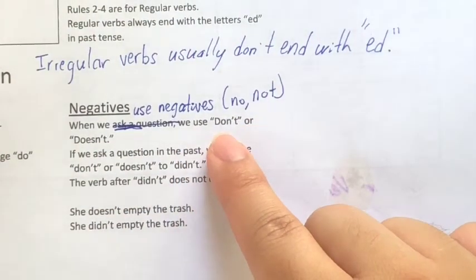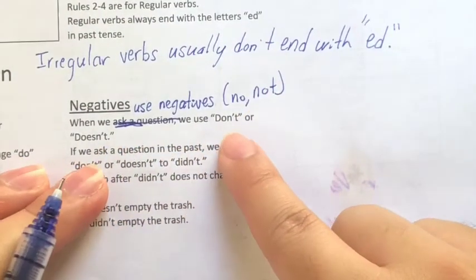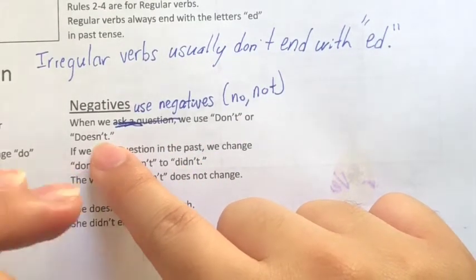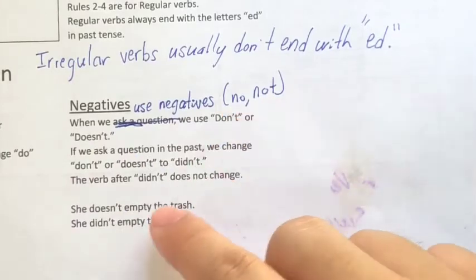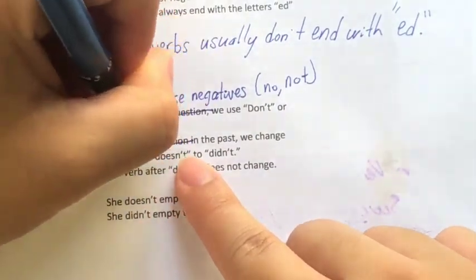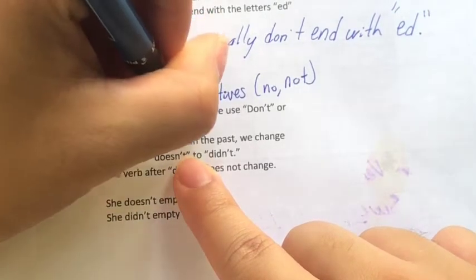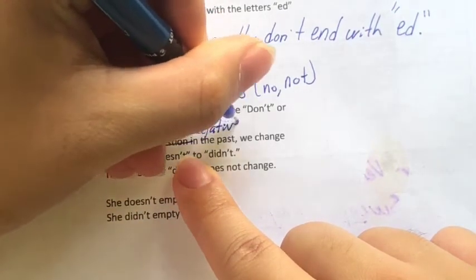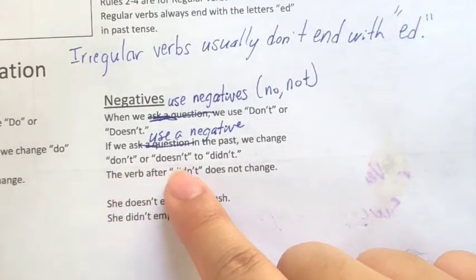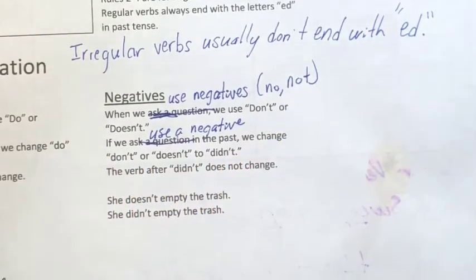We use don't or doesn't. So don't is do not, and doesn't is does not. These are negatives. If we use a negative in the past, we change don't or doesn't to didn't.